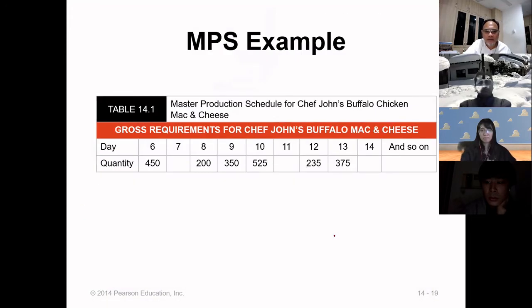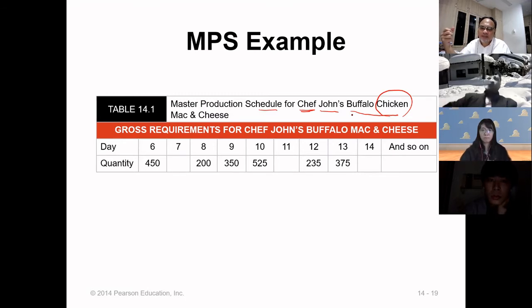You can also relate this to, for example, a master production schedule for Chef John's buffalo chicken mac and cheese. Let's think about McDonald's. All of you are very familiar with McDonald's, correct?